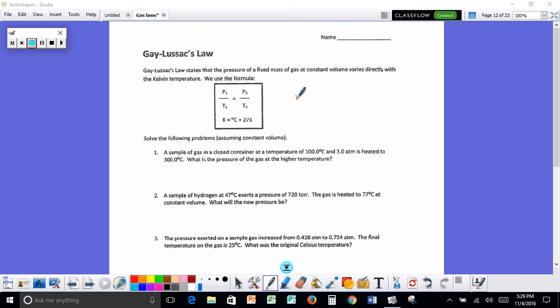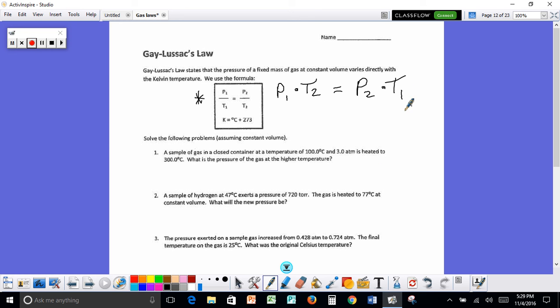So we're going to go ahead and work a problem like this. On the practice sheet, I gave you the equation as P1 over T1 equals P2 over T2. I'm just going to do a little bit of manipulation here that gives me P1 times T2 is equal to P2 times T1.